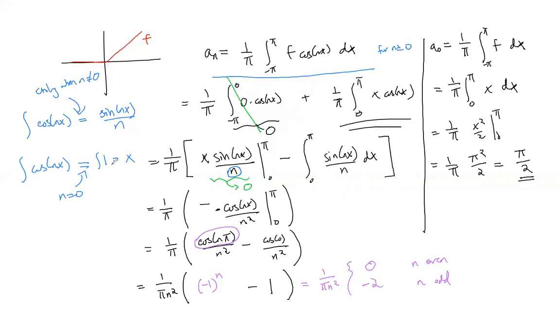Well, I guess you could try using L'Hopital's rule, but it's not going to get you the right thing. So you really need to do it separately, as we found out, because our A0 is pi over 2, but if we were to try to plug n equals 0 into our formula, you just get infinity. That doesn't make sense. So that's why you need to do A0 separately.